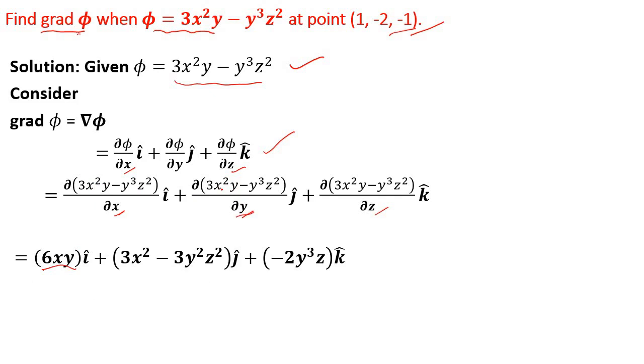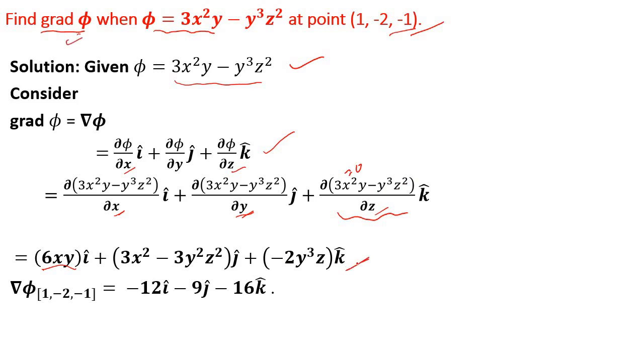Here x squared is a constant, y with respect to y is 1, so 3x squared, and the y cubed differentiation is 3y squared into z squared, into j. Now differentiate with respect to z by treating x and y as constants. The first term is 0, and z squared differentiation is 2z, into y cubed, into minus k. So this is the gradient of the given scalar.